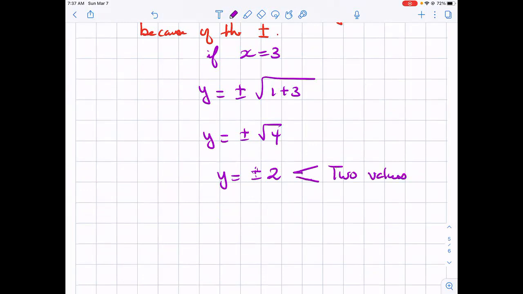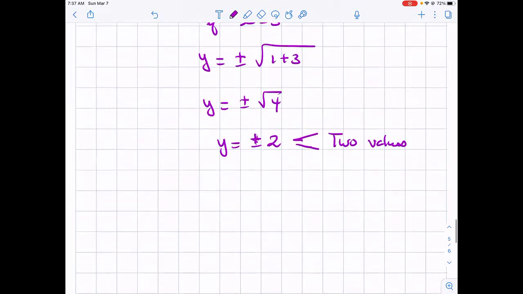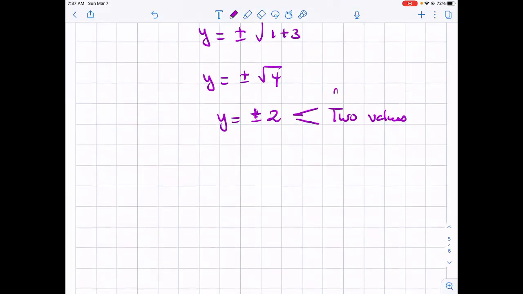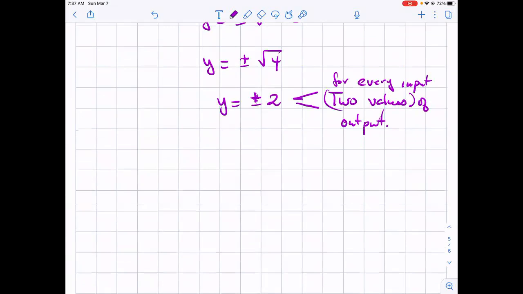For every input, we get two values of output, and because we have two output values for one input, it's not a function. Okay, so this is not a function.